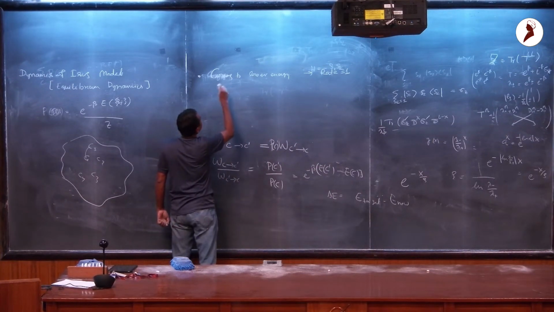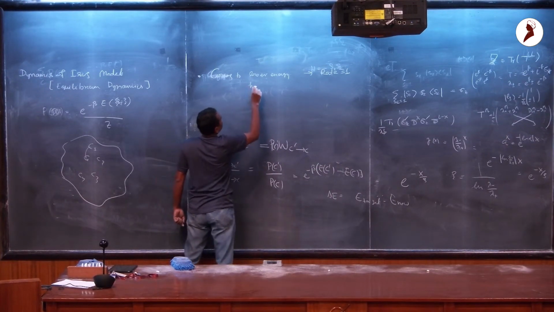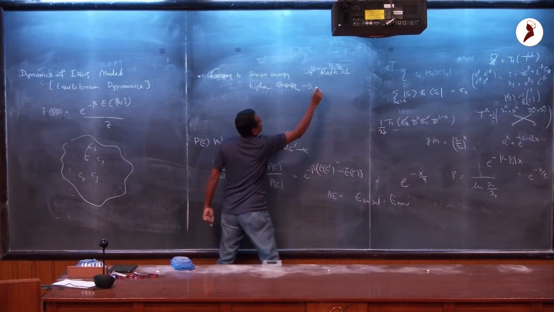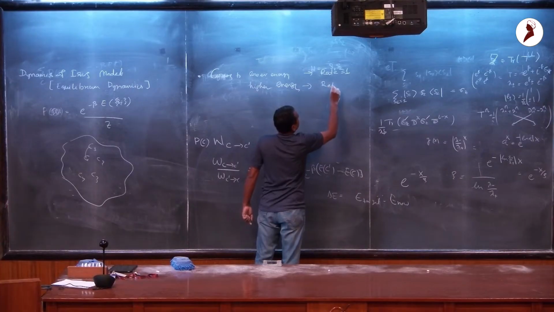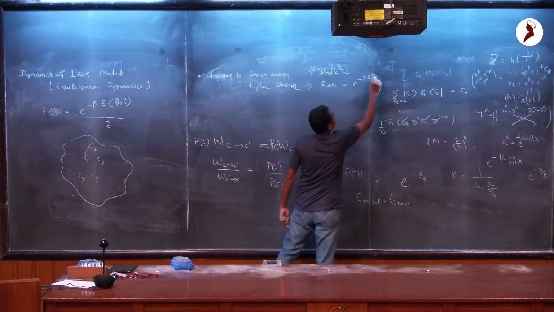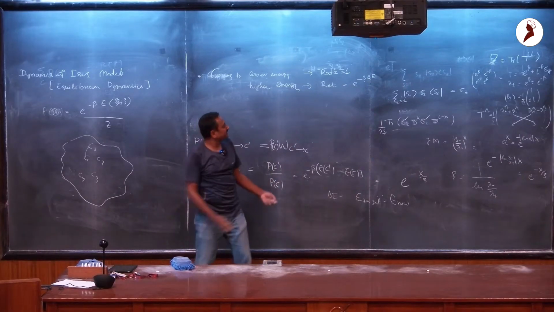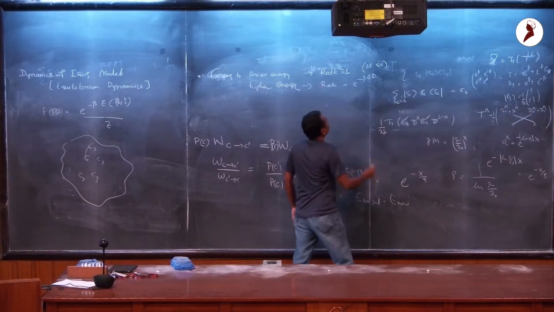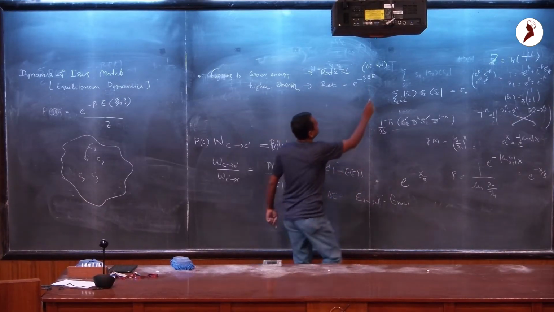Going to higher energy, the rate is e to the power minus beta delta E. Delta E is now positive here, and negative in the other case.